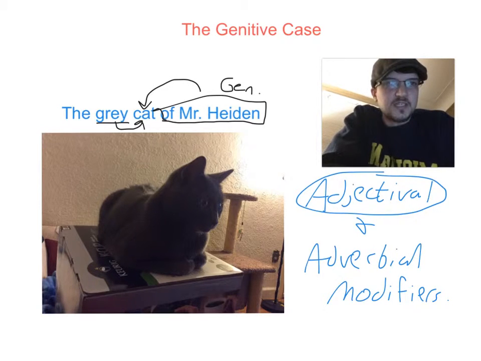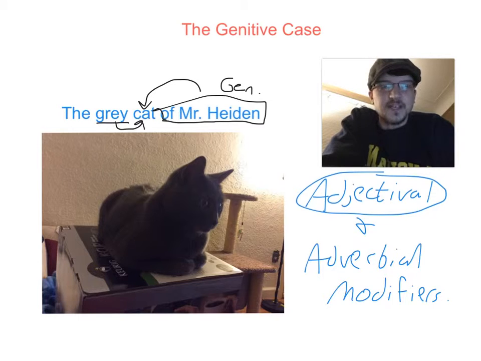You can see the possessor, the of Mr. Haydn part, that's describing whose cat this is. So it's a characteristic of the cat. And therefore it is adjectival because it is modifying a noun, just like an adjective would. Move on to the next slide for more details.